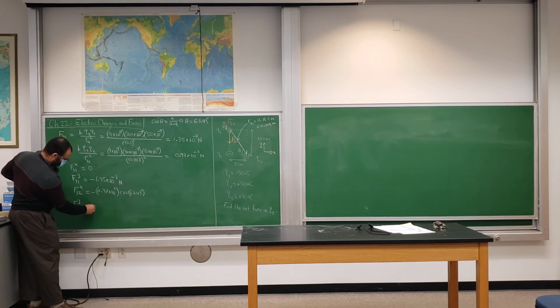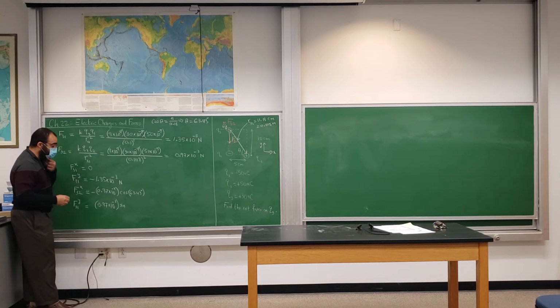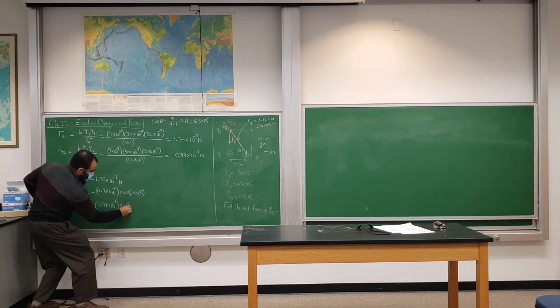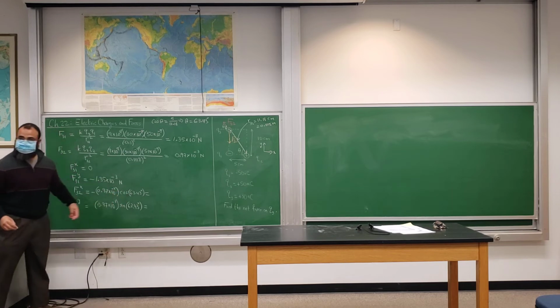And then for this one, it's positive, and you have 0.97 times 10 to the minus 3 times the sine for the y component, of 63.43 degrees. Make sure your calculator is in degree mode, by the way, if you're using degrees.